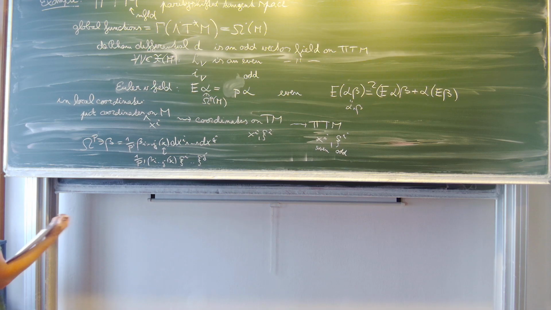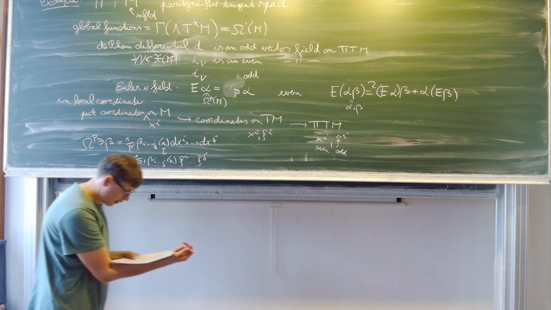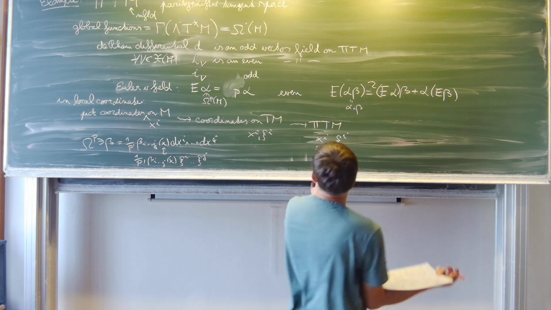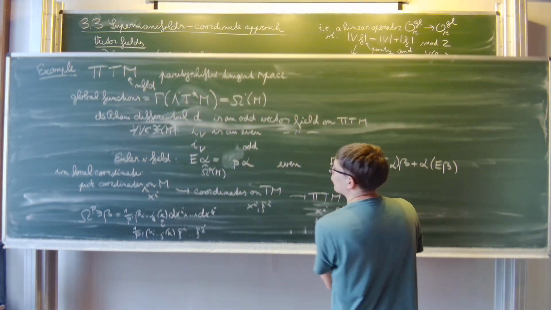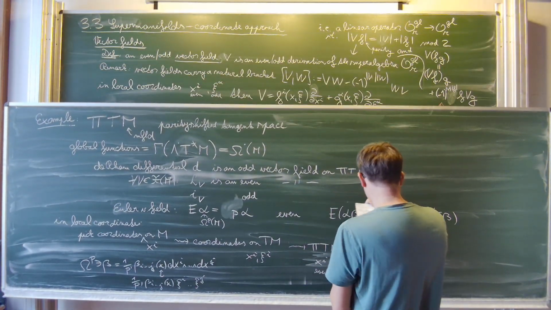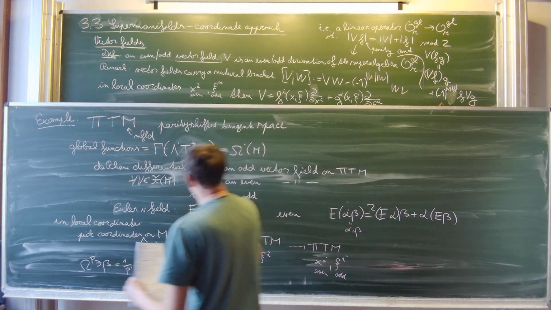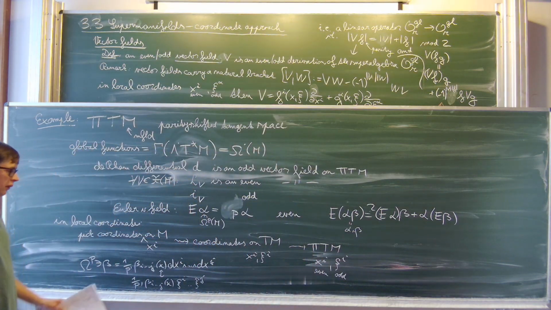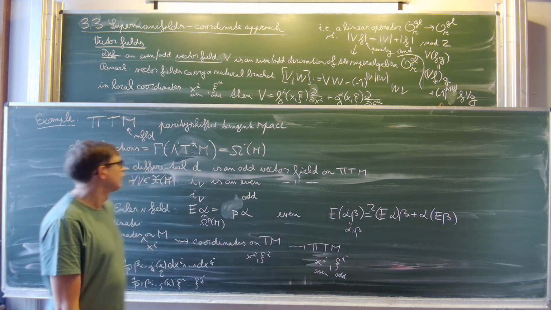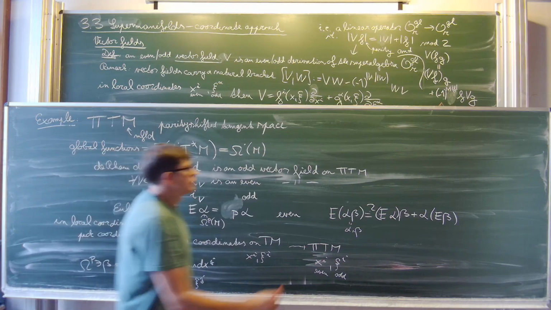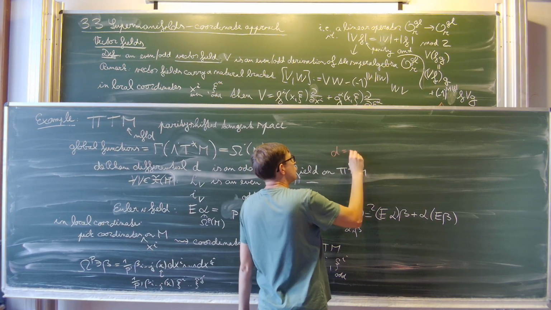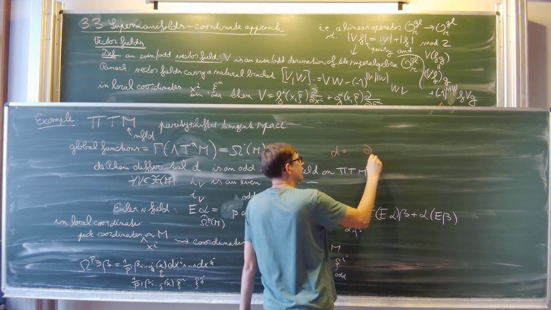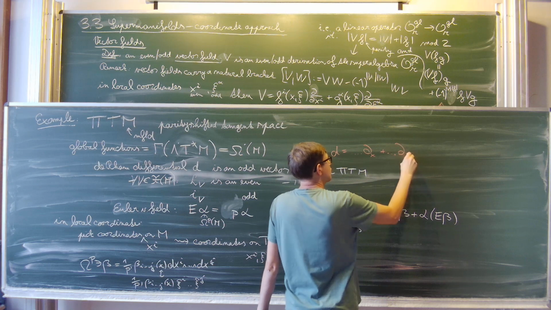And now we can also write the vector fields in coordinates if we want. Even if we don't want, I will write them. So how do you write this thing in coordinates? The coordinates are x and psi, so this should be some stuff partial x plus some stuff partial psi.